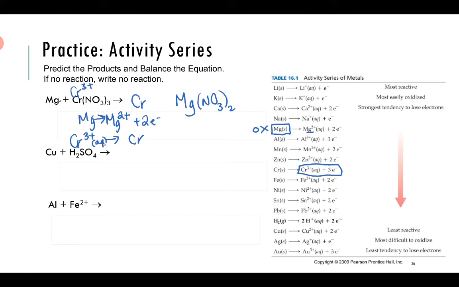And so that is going to be my reduction half reaction. And so this is going to be spontaneous because my oxidation half is going to be higher on the list than my reduction half. That's not how you spell spontaneous at all. So now that I know this reaction is spontaneous, I need to finish balancing my equation.